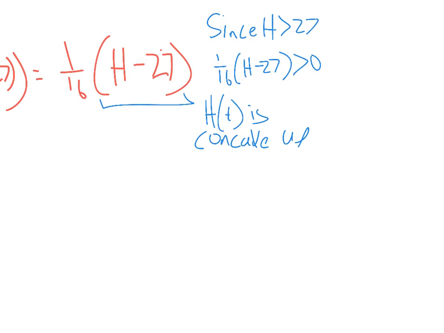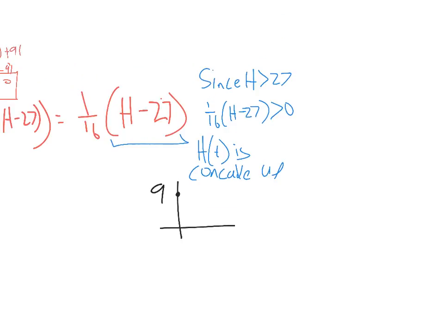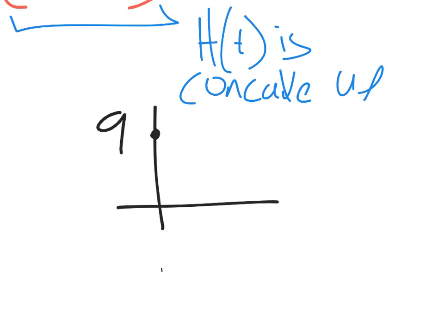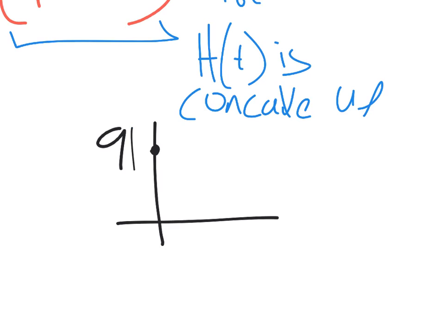So going back to that little situation we had here, we know that we started at 91, right? 91 or 97? 91. We started at 91, and we don't know what h looks like, but we know it's concave up. When we found the tangent line on the first part, then we did the approximate when t is 3.